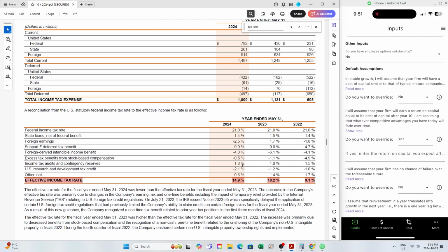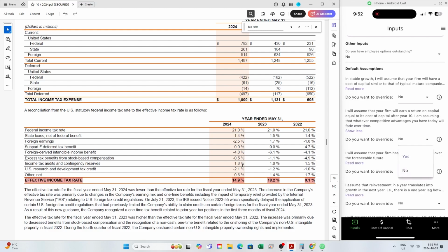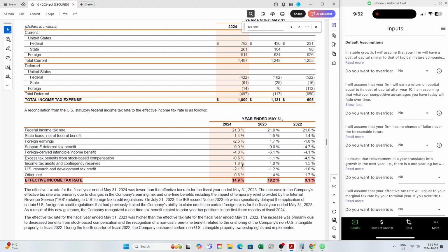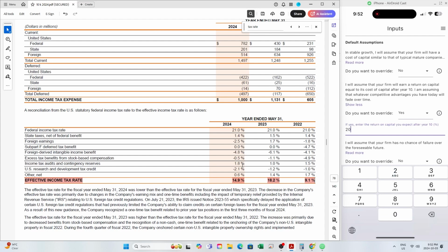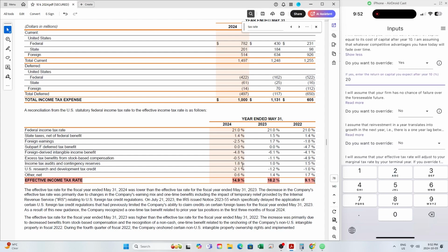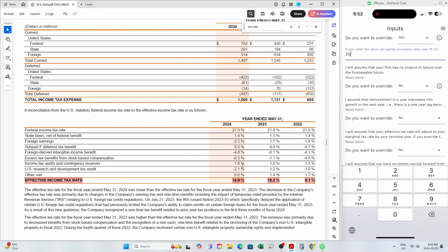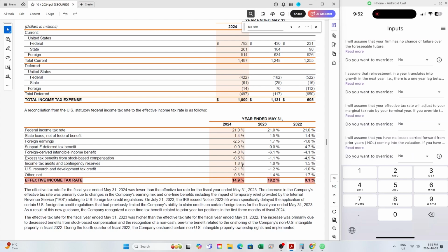The next is that your firm will earn a return on capital equal to its cost of capital after year 10, but I want to override this one because I feel that due to Nike's brand recognition and its edge on competitors, its return on capital will drop from 38% but will still stay at around 20%. So I'm keeping it at 20% after year 10, and all other assumptions I'm leaving as they are.